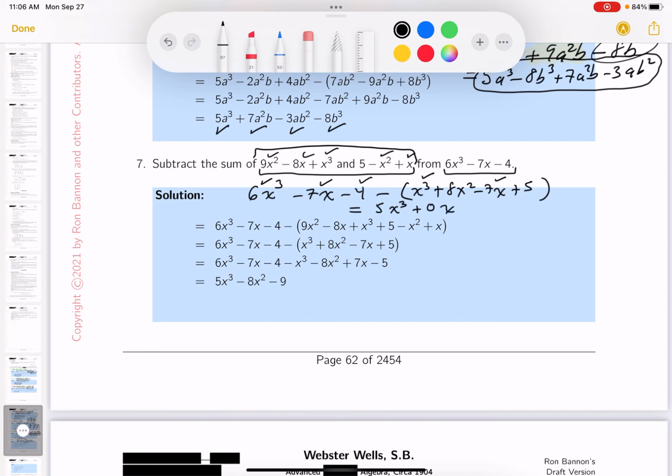And then I got minus 4 minus 5, which is minus 9. Is there anybody missing? Yeah, I didn't take care of the square term. That's minus 8x squared. I just don't like the way that looks. I'm going to rewrite it in order. That would be 5x cubed minus 8x squared. There's no x's, so I'm not going to put that down. Minus 9. Now, I make mistakes, and you're going to make mistakes. Please look at the key. I'm feeling good about that.